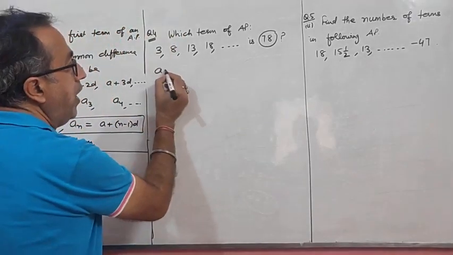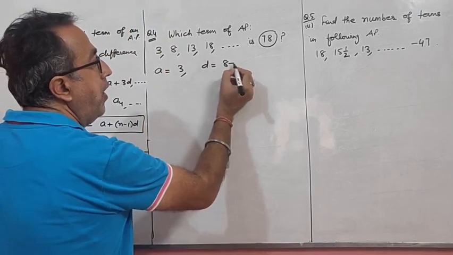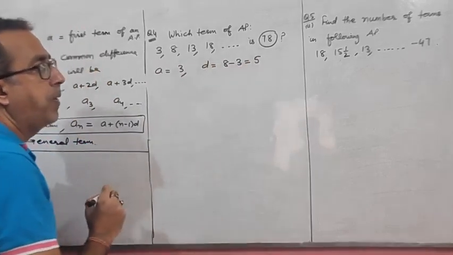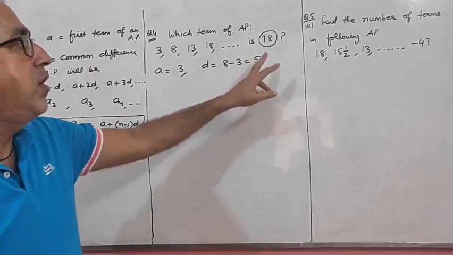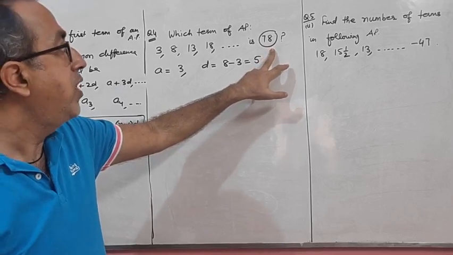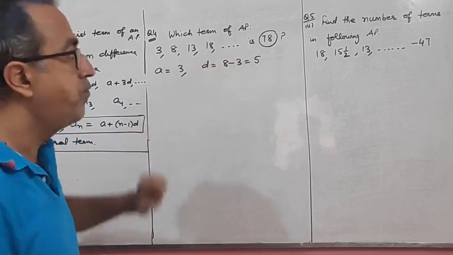You can see the first term A is 3, and D is 8 minus 3, second term minus first term, which is 5. In this question, we have to find n actually. Which term of the given AP is 78?